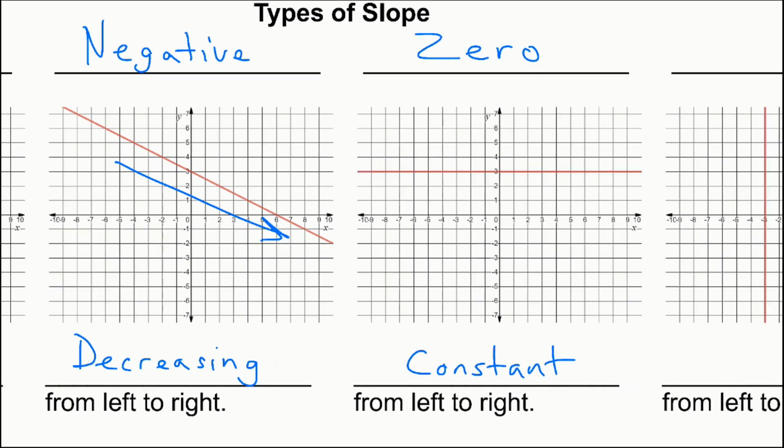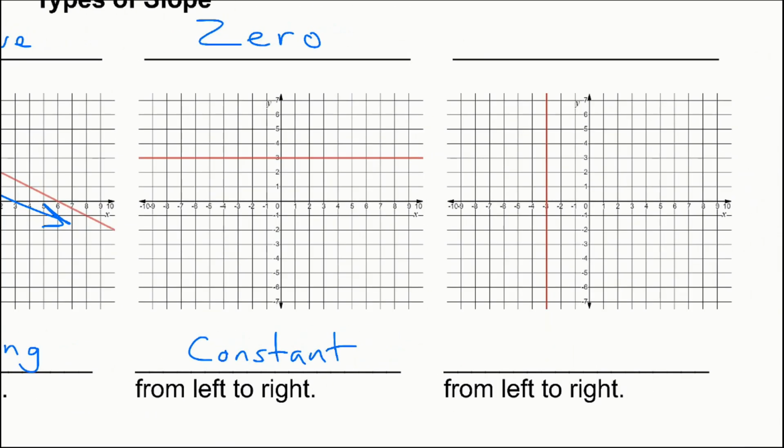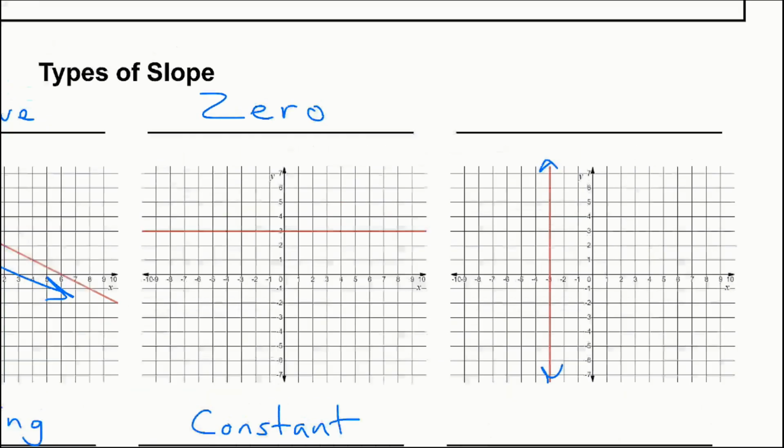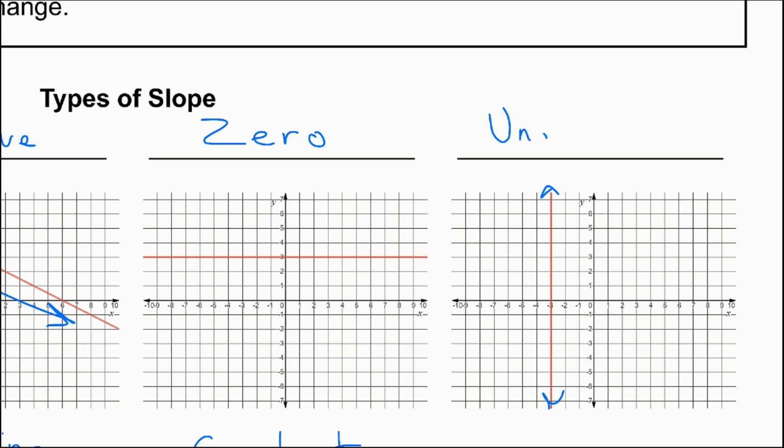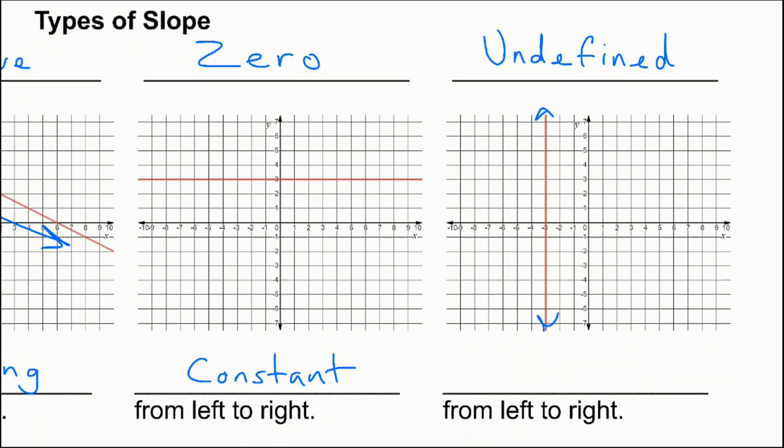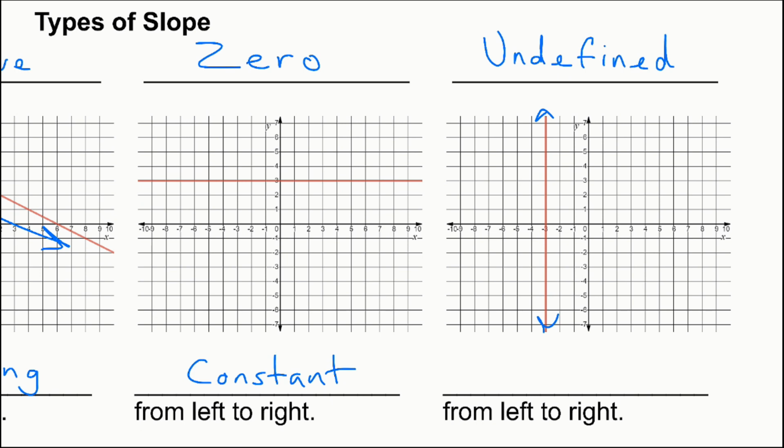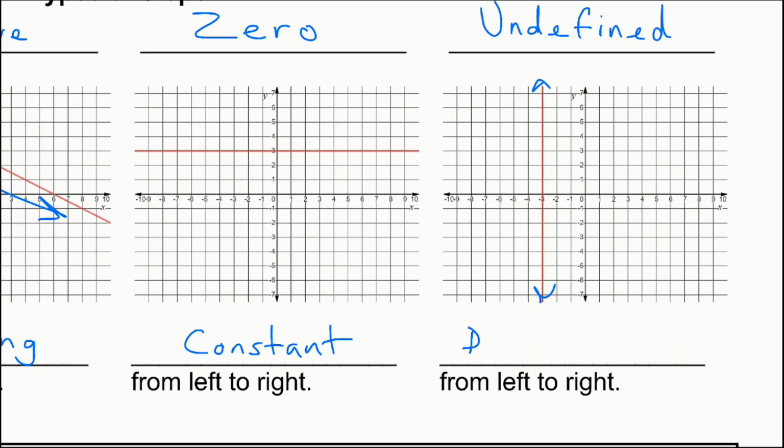And then the last one that we have is where we have a line that is vertical, like this. What we call this is undefined. It is an undefined slope because it's so vertical that we don't really know. And from left to right, it doesn't move from left to right.